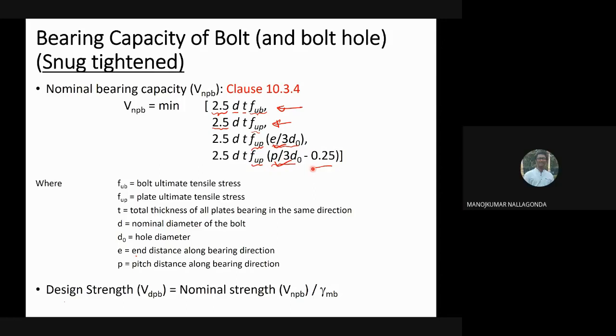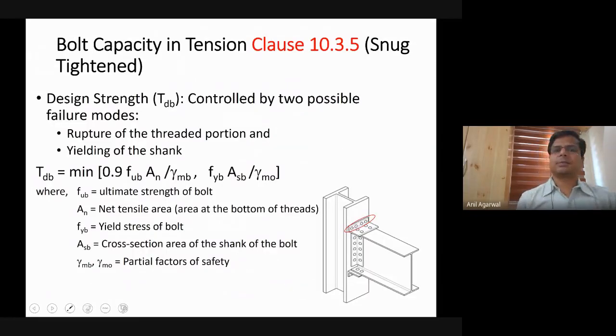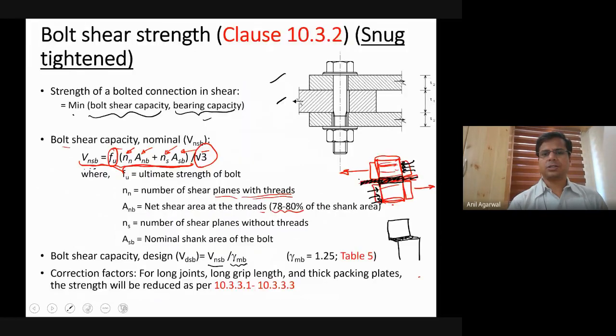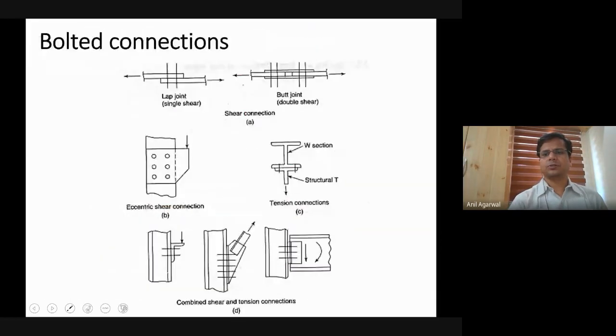Yes, sir. Okay. Moving forward, tension capacity of bolts. So there, as we had discussed, there were certain conditions when the bolts can undergo tension, right? So this was a straightforward possibility where you have some kind of a T section, structural T, which is being pulled and which is tied to a W section here through these two bolts. So these two bolts will be undergoing tension.